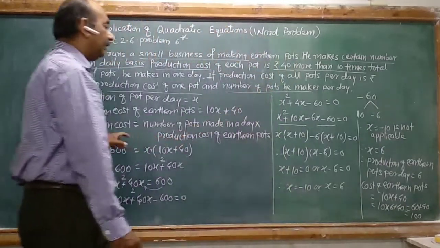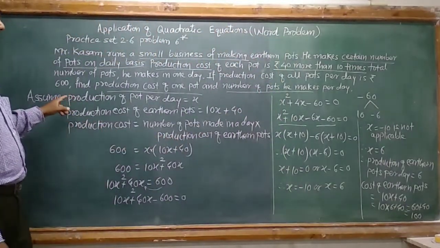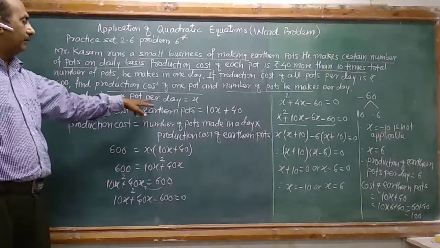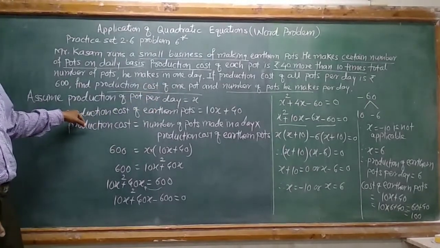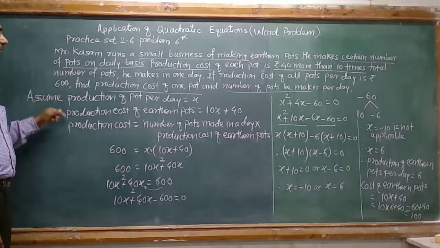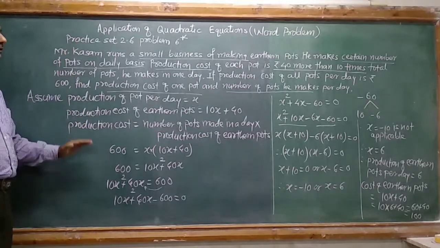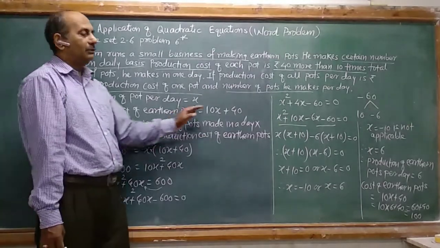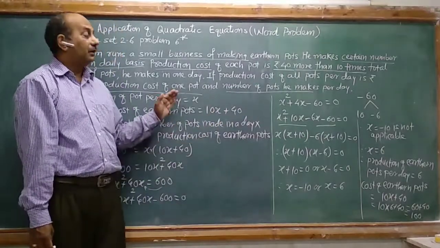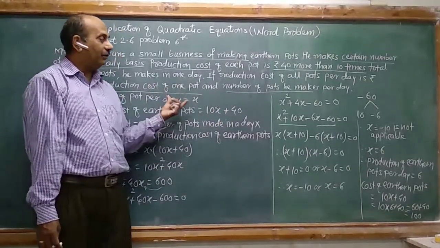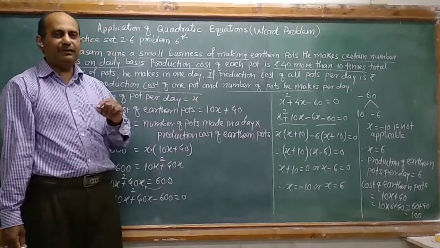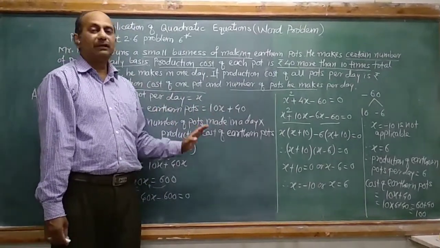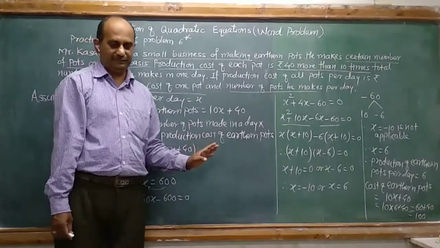It means that production of pots per day is equal to 6 and its cost is 100 rupees. Right? So this is how we can solve the quadratic equations. So this is a simple one, and if you understand the mathematical language, then it becomes very easy for you to solve the given quadratic equations.